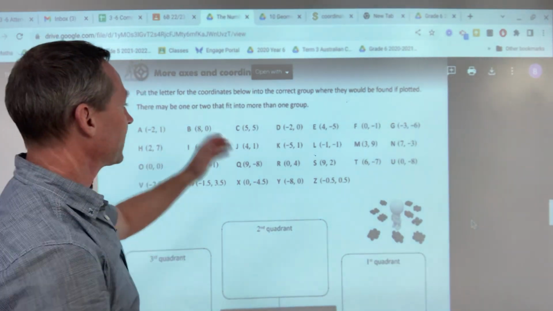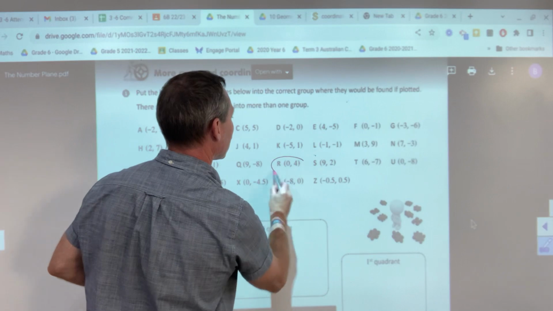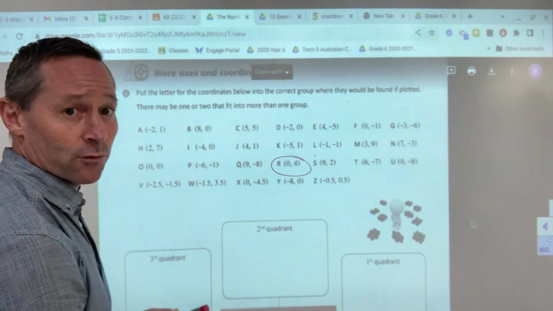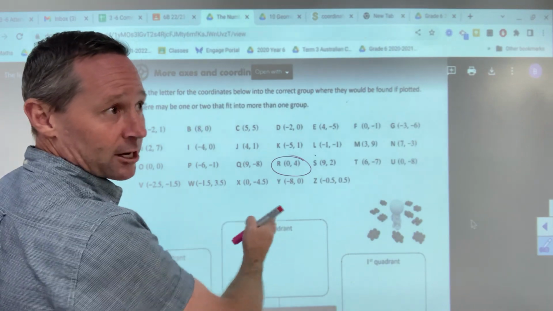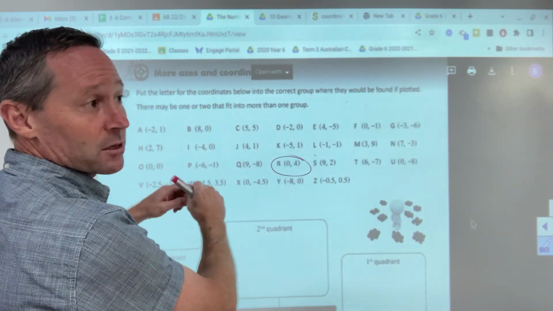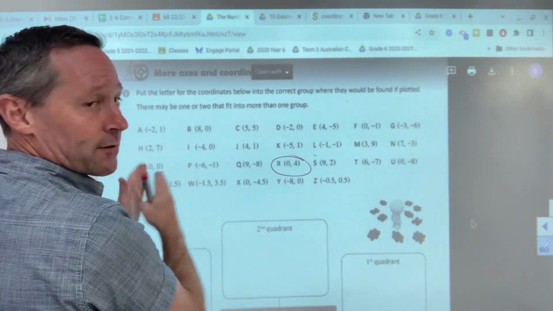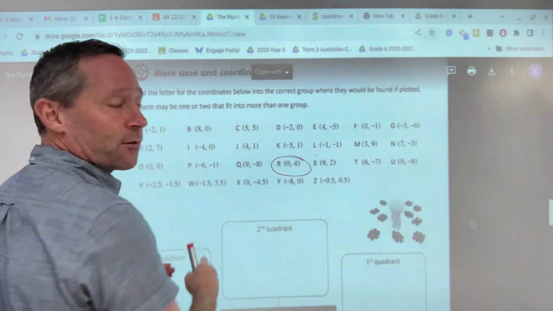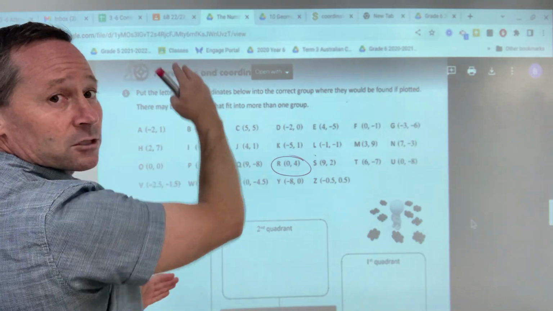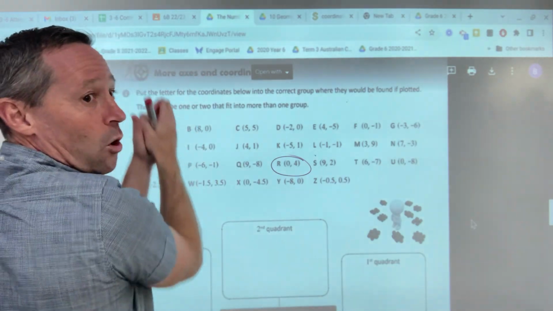Just randomly choose this one, R. This is 0, 4. So on the Cartesian plane, versus the origin, it would say either 0, 0, or often just 0. I haven't moved across the x-axis anywhere, so say 0. 4, I go up 4. So I'm actually on the y-axis.